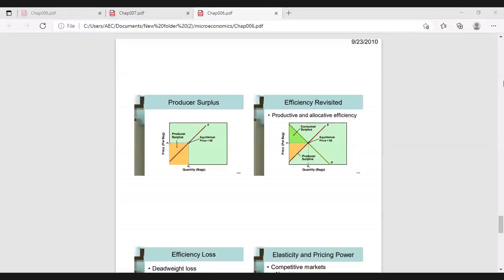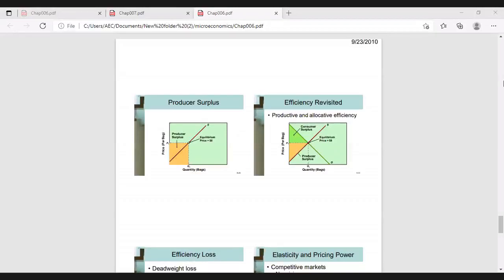If we produce more than this equilibrium quantity, marginal cost is greater than marginal benefit, so this is a loss. Producing more than the equilibrium quantity means over-allocation of resources. We allocate more resources to produce.